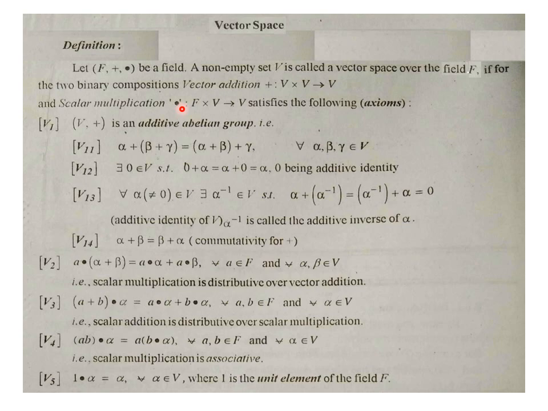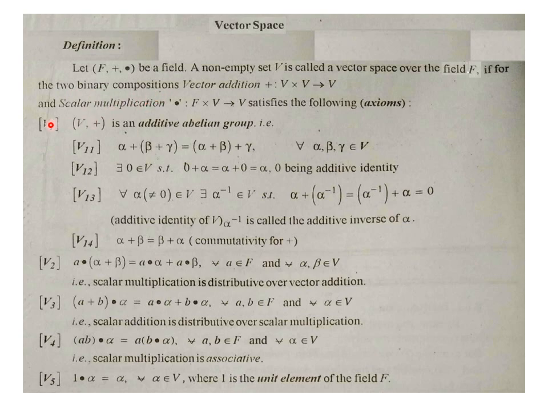It will be considered as scalar multiplication throughout the chapter of vector space, that is an element of F, because field F is called a scalar here. That's why the term scalar multiplication is there. So whenever an element of set F is multiplied with an element of set V, it is called scalar multiplication, and the result has to be an element of set V again. So we can say scalar multiplication is again a binary composition. So that is about the two requirements.